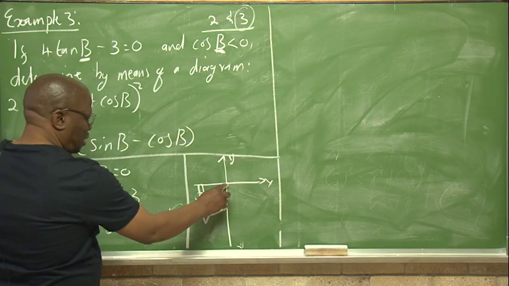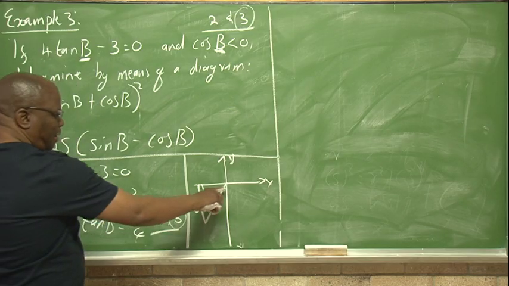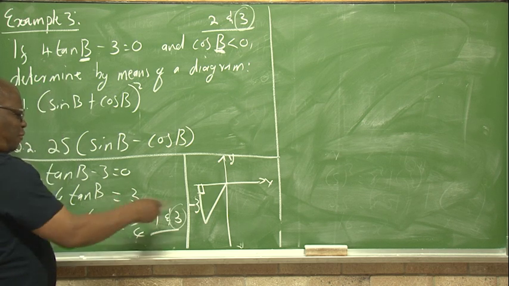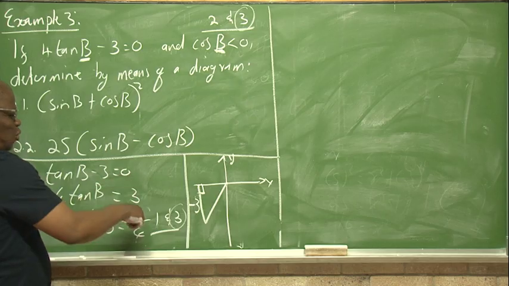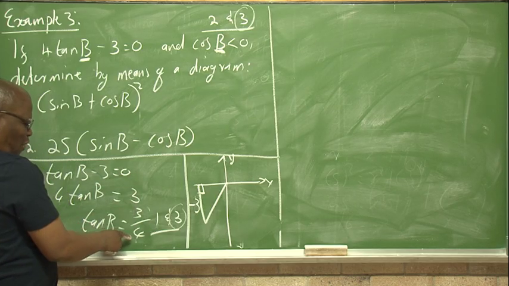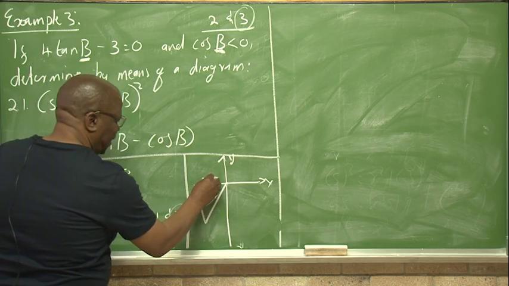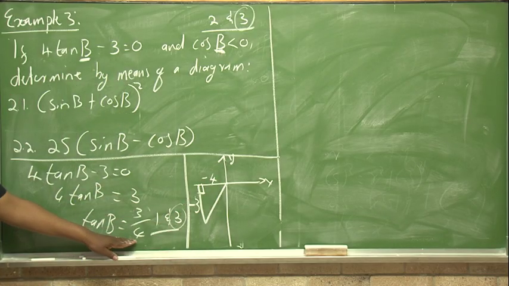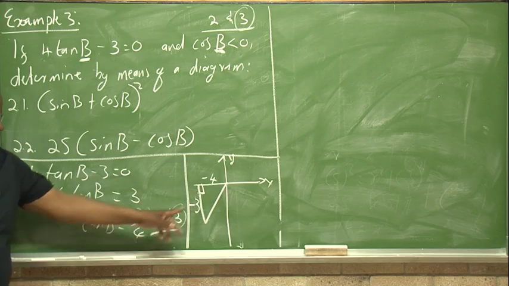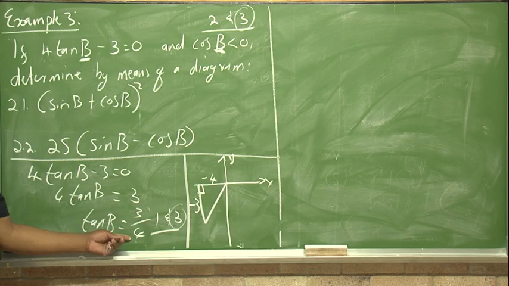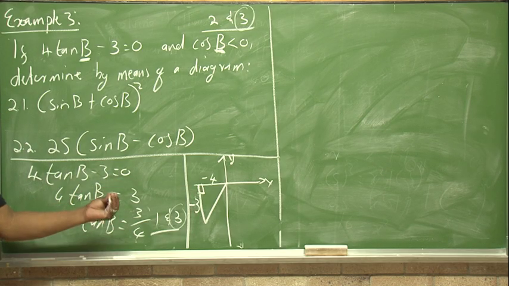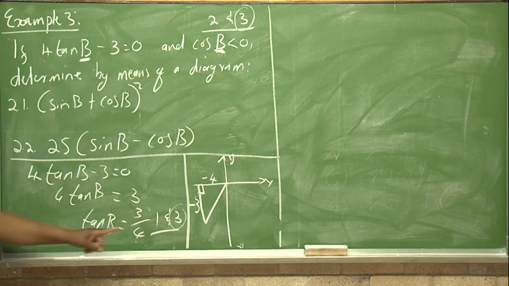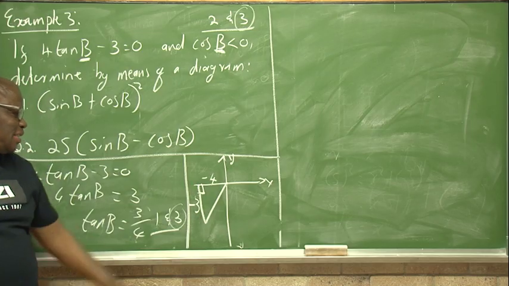The ratio as a whole is positive, but looking at opposite over adjacent, the adjacent side should be negative 4. So minus 3 over negative 4 is a simplified ratio, positive. Basically, this is the third quadrant: Y is negative, X is negative.